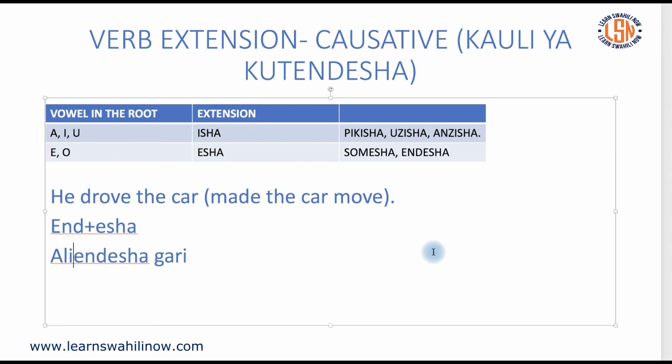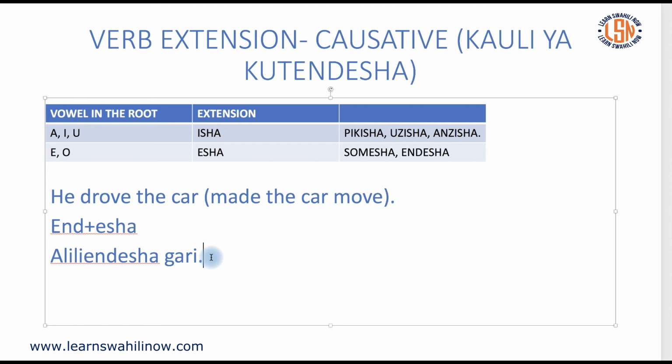But we don't have an object infix for car. So what would that be? Li. So li endesha gari. If you want to find out how to identify the object infix according to the noun classes, I would suggest you take the 101 course, which breaks down your noun classes, demonstratives and all the object infixes according to noun classes to make your life much easier.